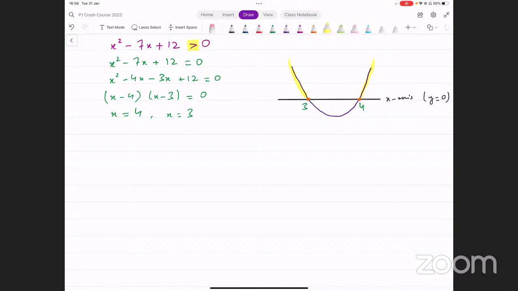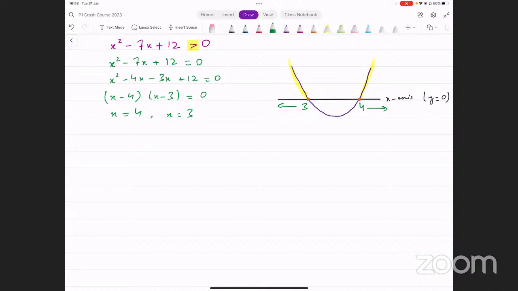All right. Now, what are the corresponding values for x that you've got in these two regions? Well, on the left side, you've got values of x which are towards the left side of 3. And in this right region, you've got values of x which are towards the right of 4. So you have two separate regions which satisfy your condition.